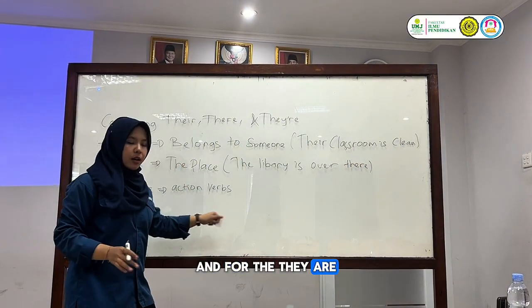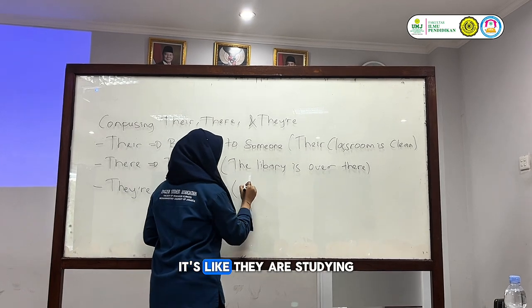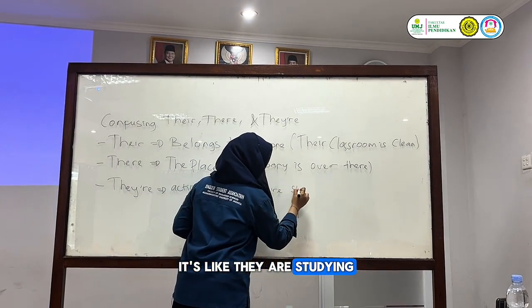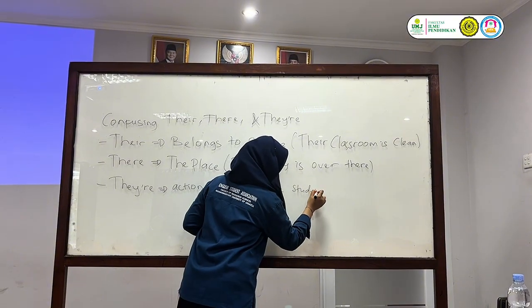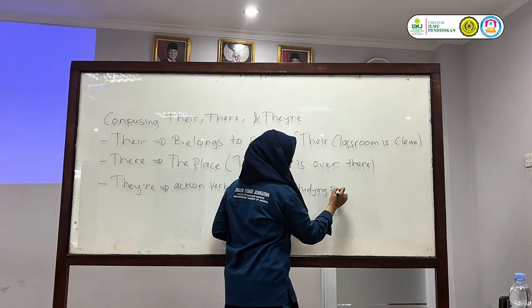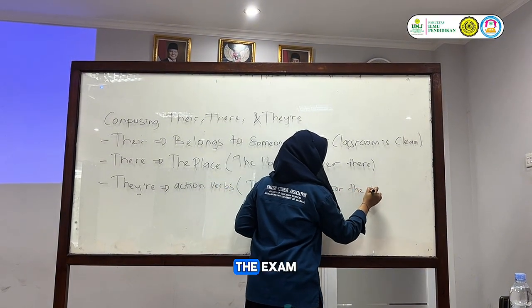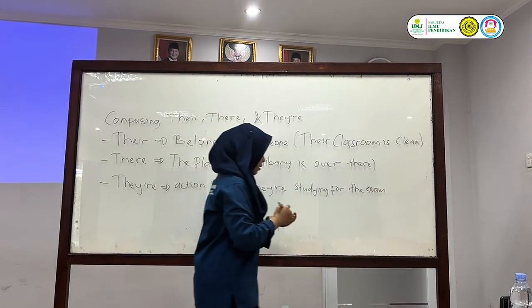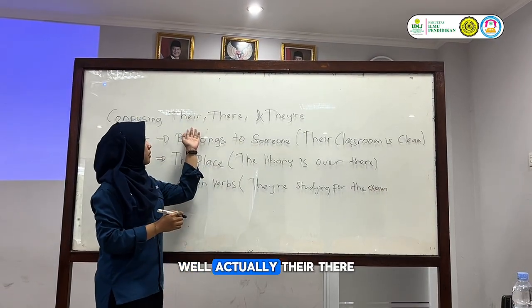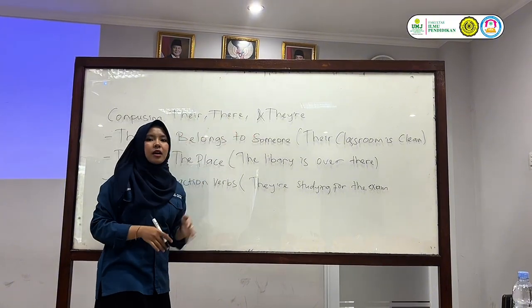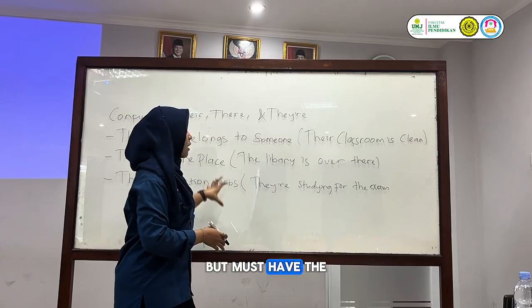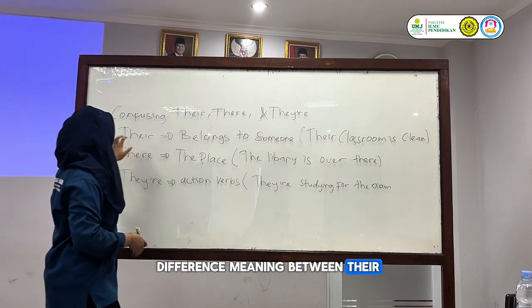And for they're, it's like they're studying for the exam. Well, actually, their and there have the same pronunciation, but must have a different meaning between their, there, and they're.